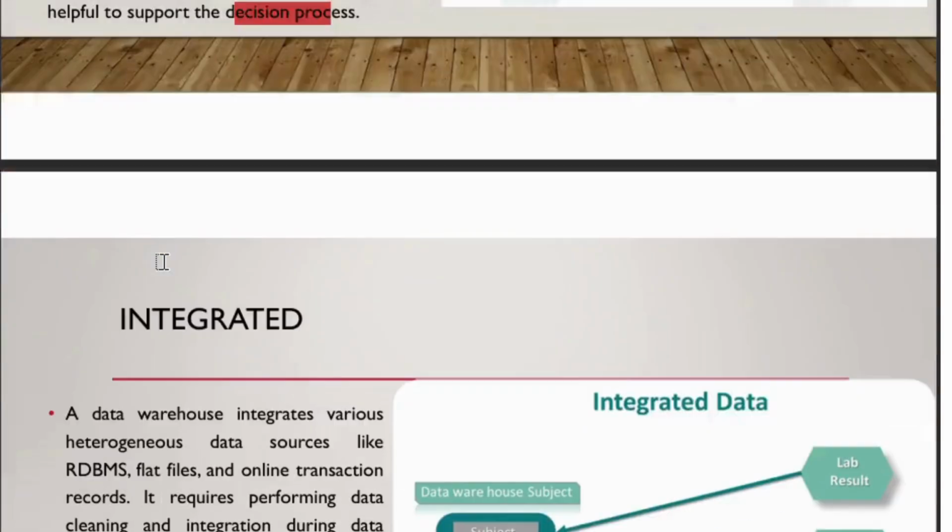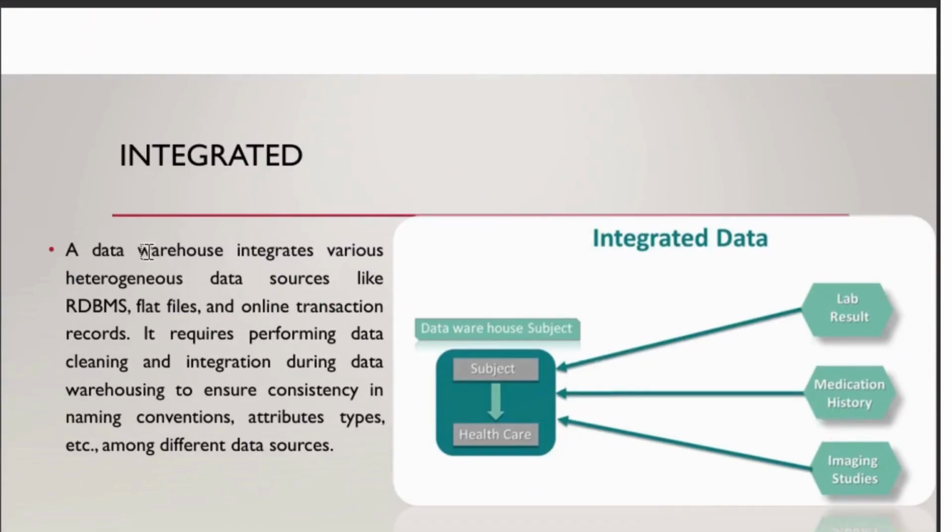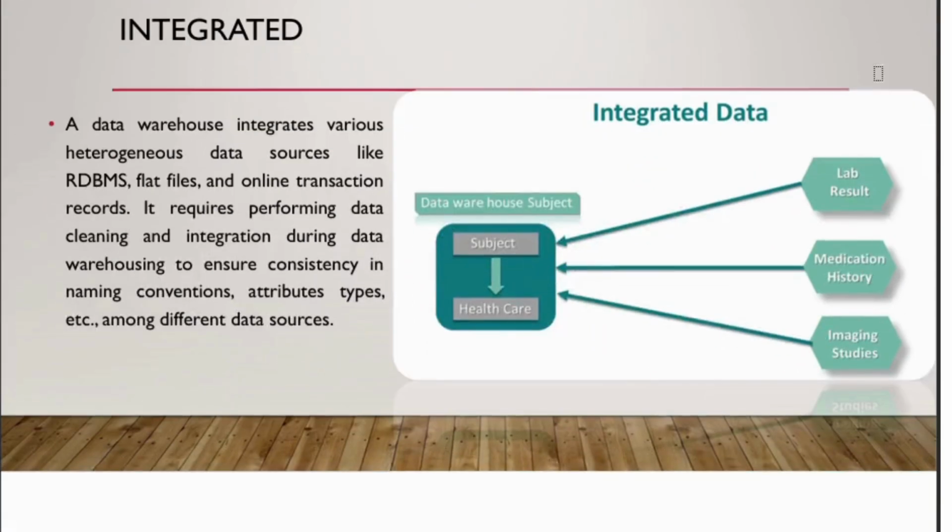Next, let us look into integrated. What that means in simple words, they combine data from various sources, ensuring consistency. So, for example, in this picture, you see that we have source from lab, we have medical history, and we have also images.